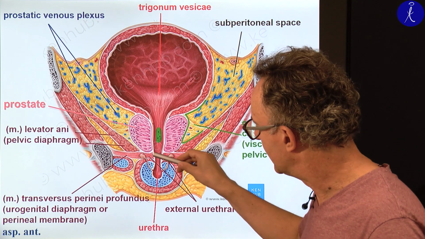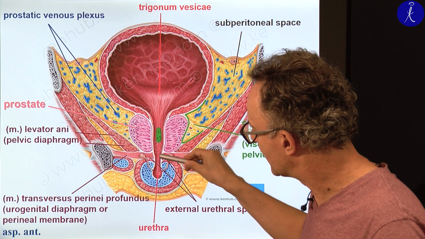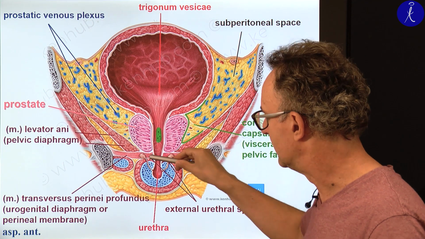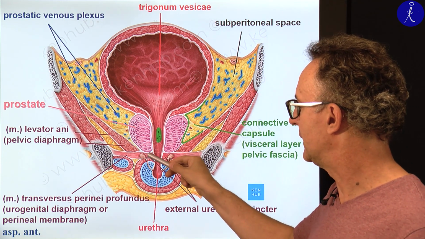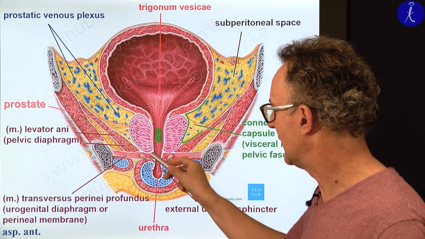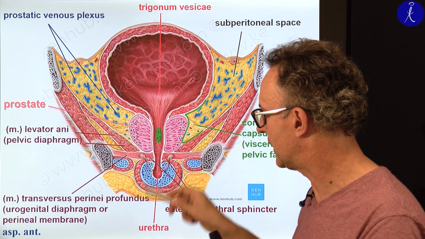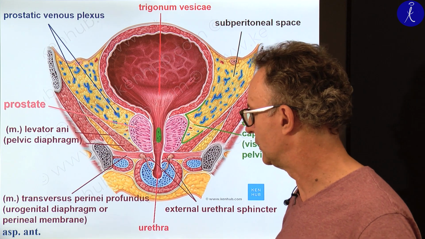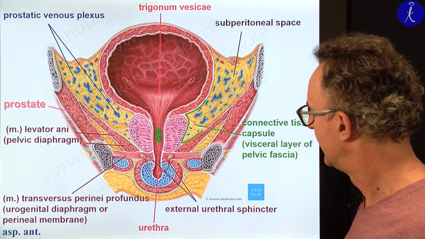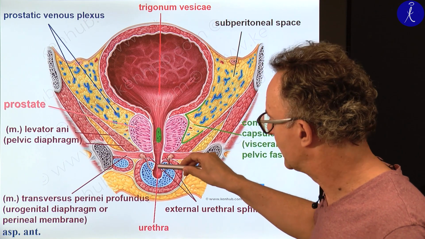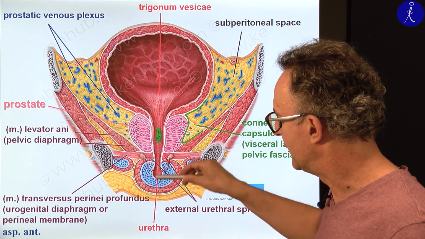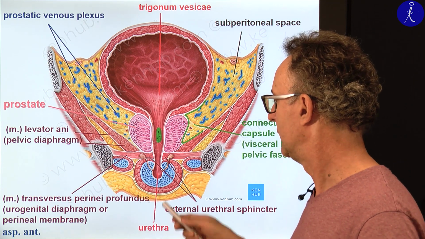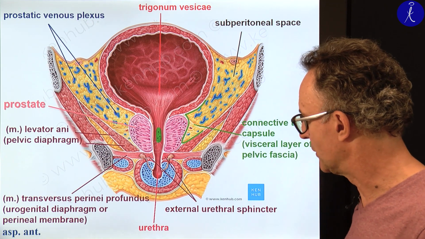And as you see, it surrounds the urethra, because the urethra passes through the prostate, then through this membrane, and this is where the transversus perineal profundus is able to form with its innermost part a sphincter, and this is the external urethral sphincter, or simply sphincter urethrae. And then the distal part of the urethra will enter the longest part, the spongy part, but it is out of the plane, that's why we don't see this.